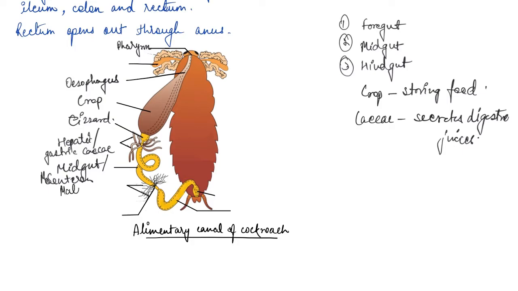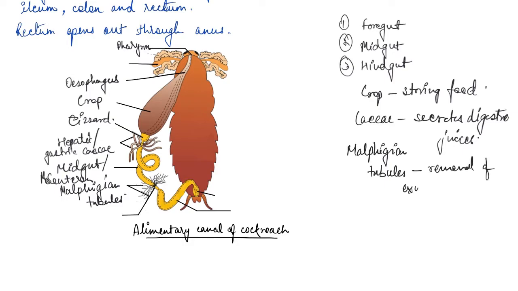These Malpighian tubules help in removal of excretory products from hemolymph.